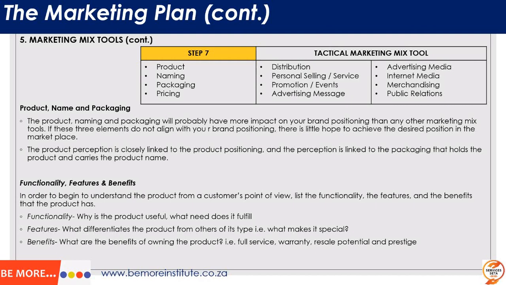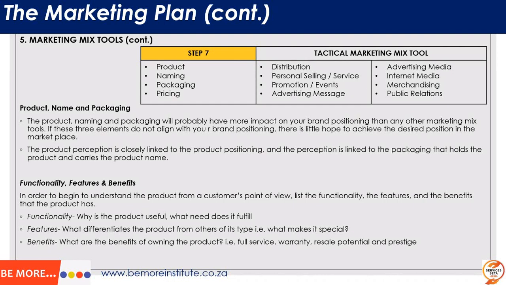The product naming and packaging will probably have more impact on a brand positioning than any other marketing mix tool. If these 3 elements do not align with your brand positioning, there is little hope to achieve the desired position in the marketplace. It also starts with the packaging.